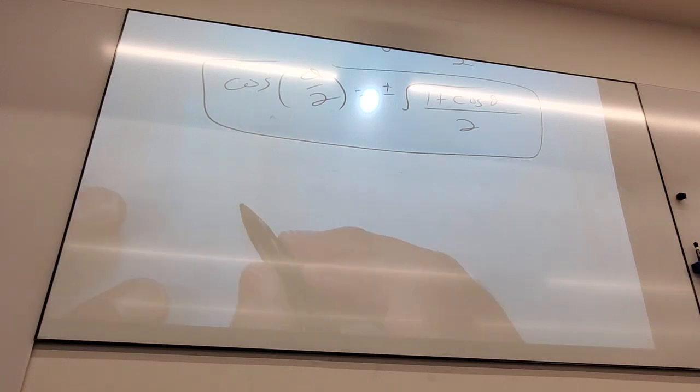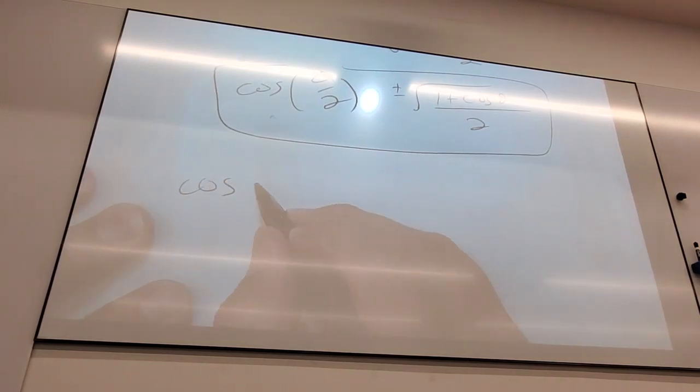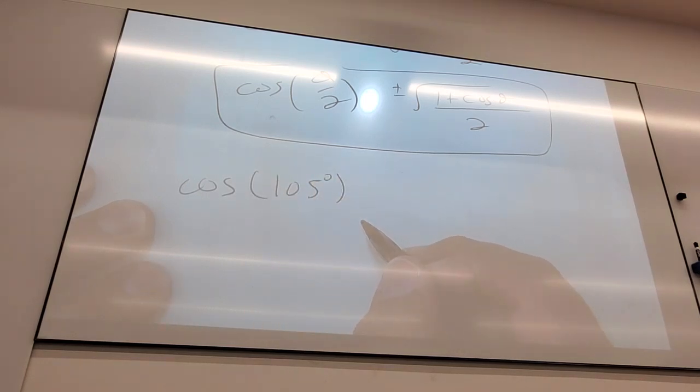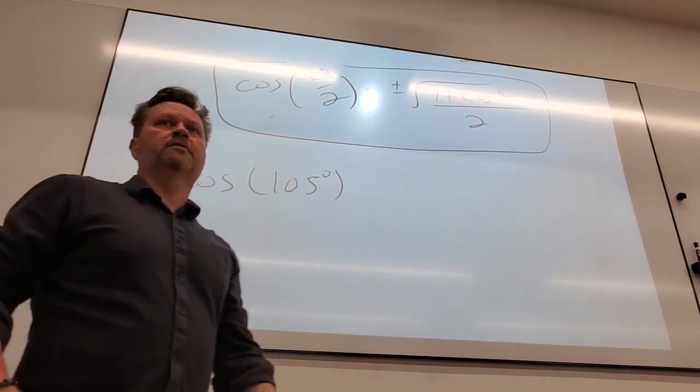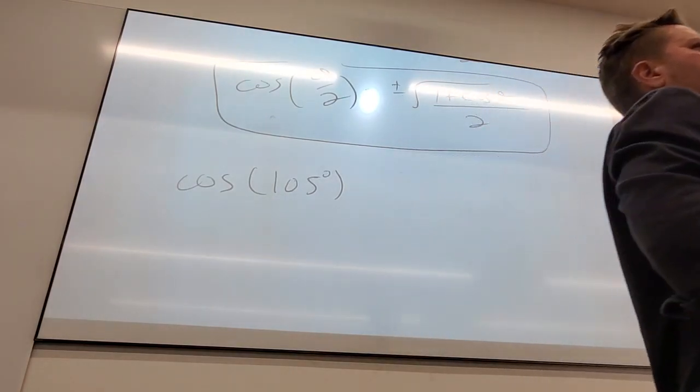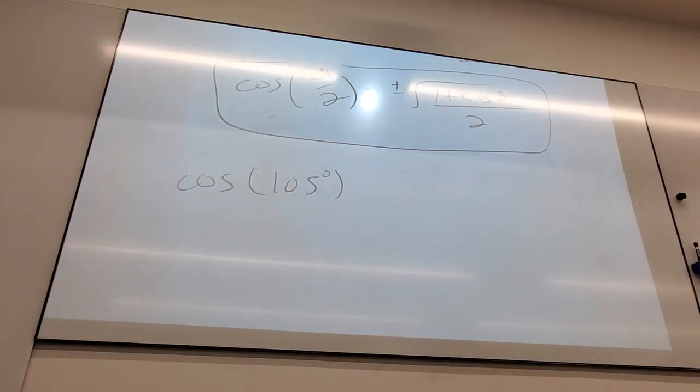So if I wanted to know cosine of, I can't remember if we did this, 105 degrees. Why does 105 degrees suck? If I ask you to do this without a calculator, and I will, why does 105 degrees suck as a choice?